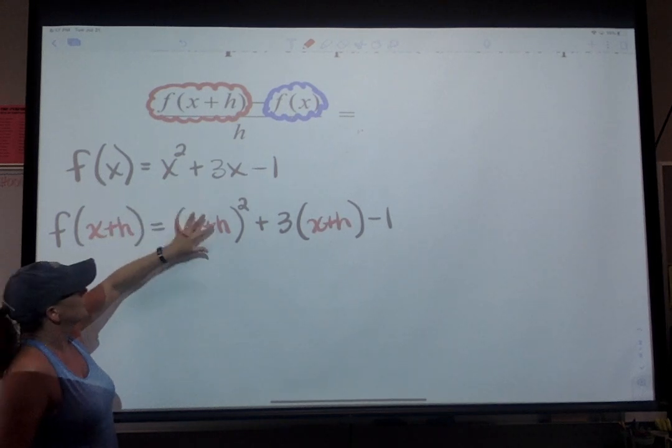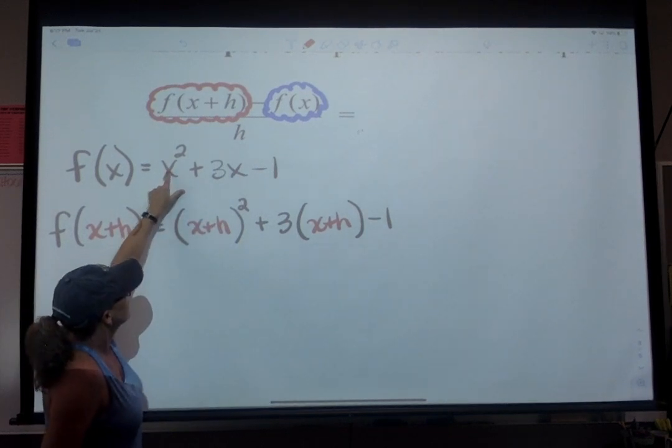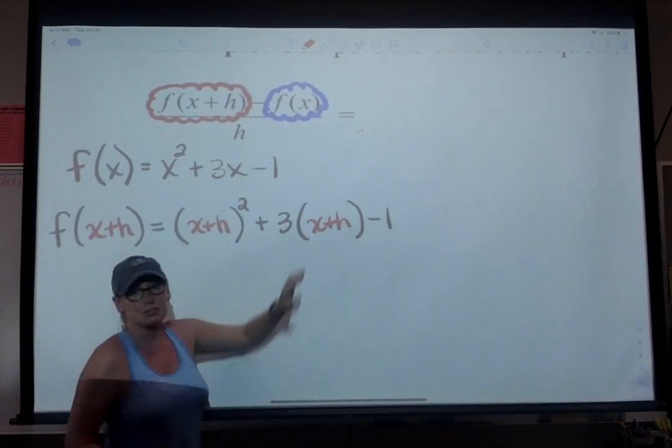Can you see how I put x plus h in this spot, and right here I put x plus h?